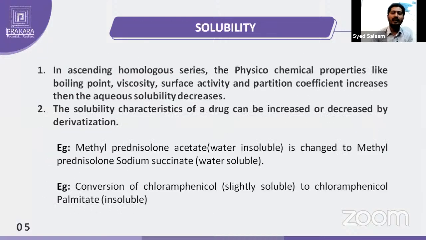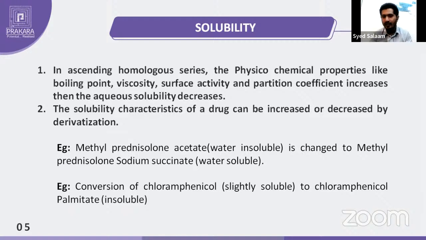Now, let us see how this solubility is associated with other physicochemical properties. Other physicochemical properties like boiling point, viscosity, surface activity, and partition coefficient, if they increase, solubility decreases.